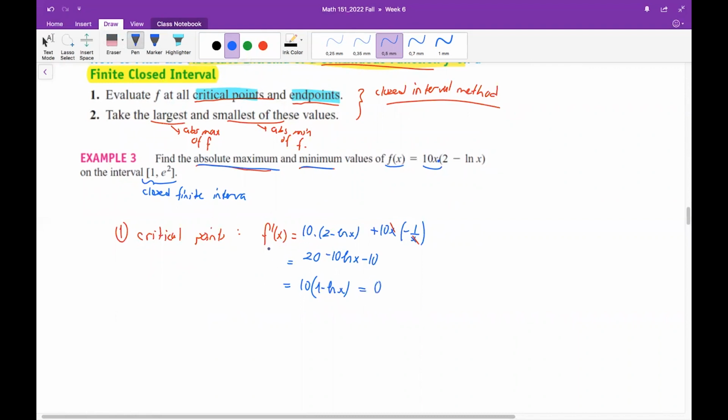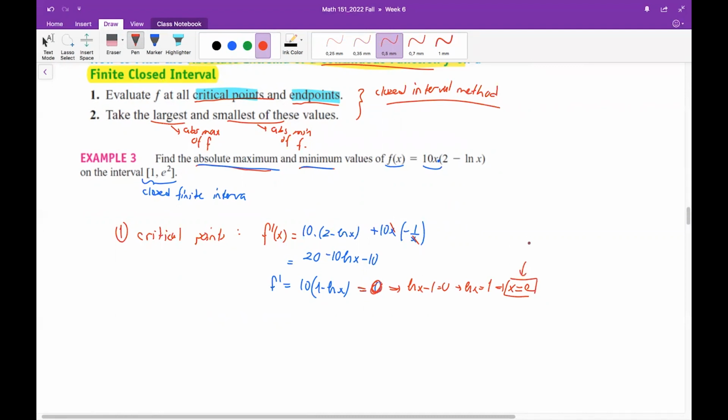Remember, critical points are the points where the first derivative is 0 or undefined. So what are the roots of this equation then? This being 0 means that ln x minus 1 is 0. So ln x is 1. So x is what? x is solved as e. ln x is 1 at the point e.